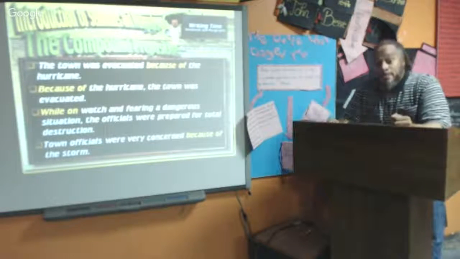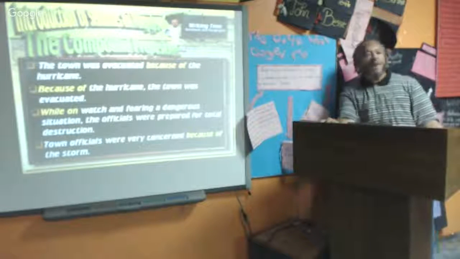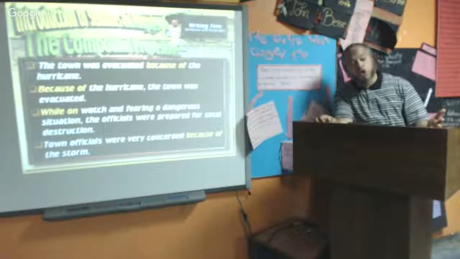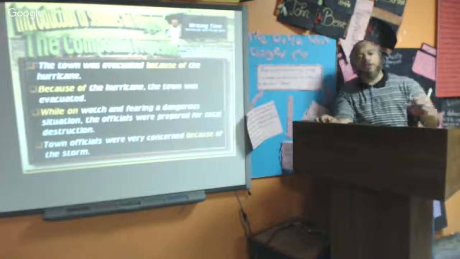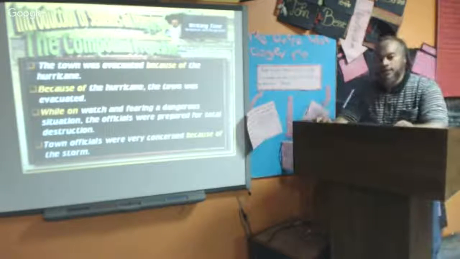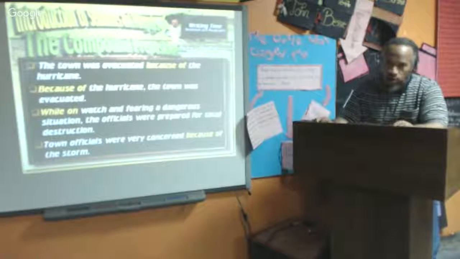Here's the point. I didn't need to know about compound prepositions because I already knew the definition of a clause. And if you notice, what comes after the because is not a clause.